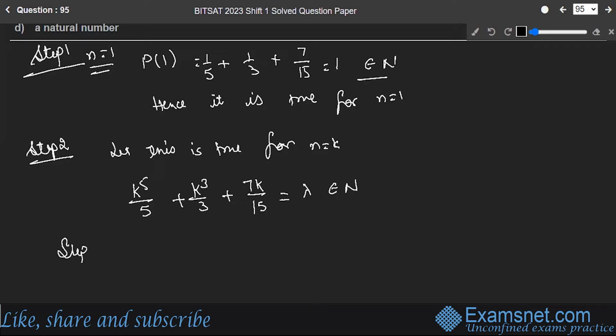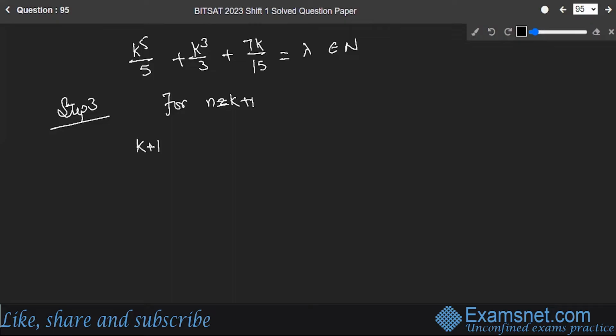Now step 3 says, let's prove this is true for n equal to k plus 1. So this will be (k plus 1) power 5 upon 5 plus (k plus 1) power 3 upon 3 plus 7 into (k plus 1) upon 15.